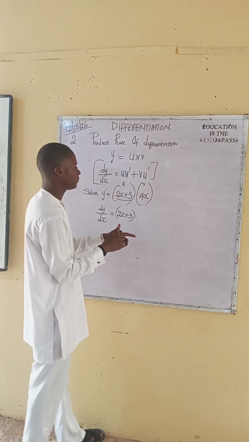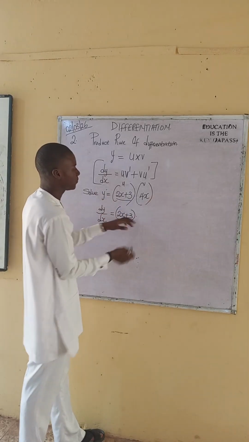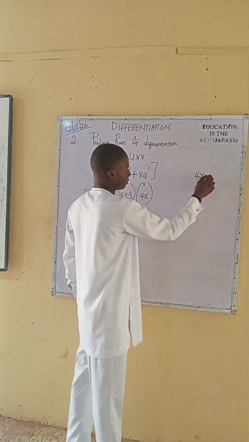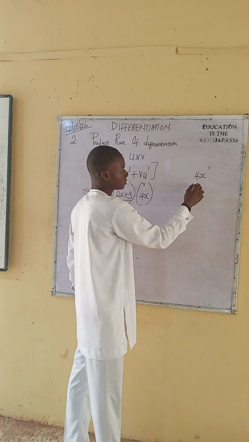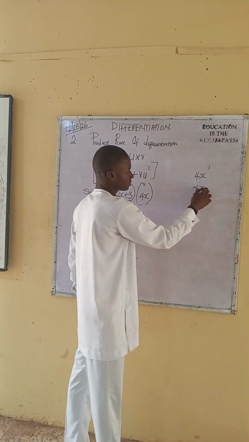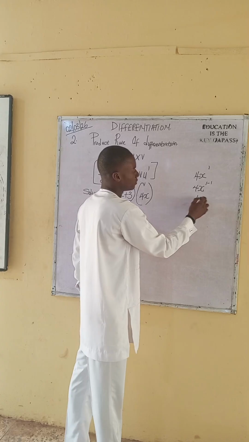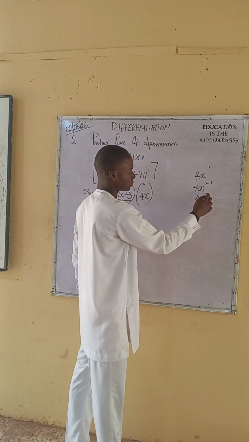So now, if I want to differentiate this 4x, I've already told you how to differentiate. For 4x, remember the power is 1. So 1 times 4 is 4x, then move 1 from the power, which is 1 minus 1, so 4x raised to the power 0. Anything to the power 0 is 1.